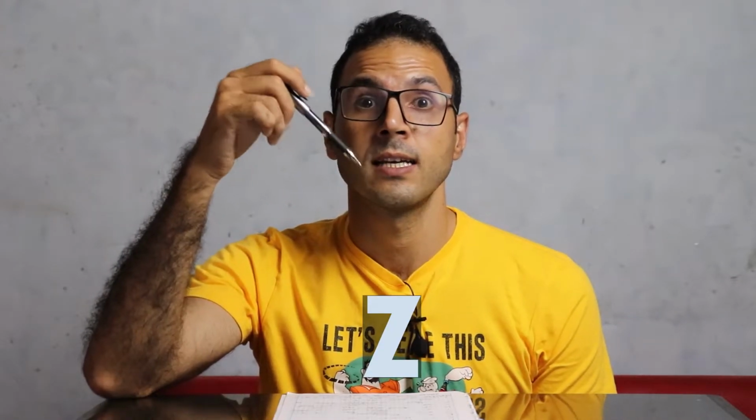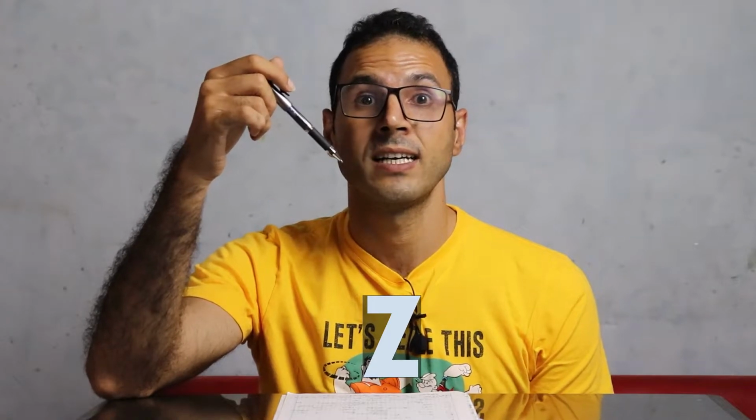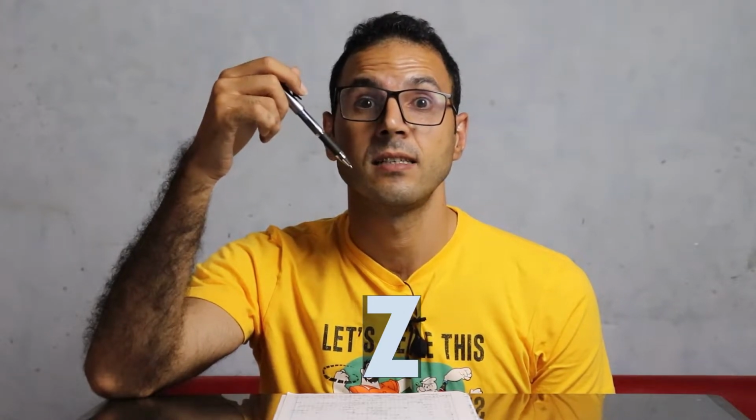U. And this one, not V, it is VU. And the last one is Z. It gives a sound of Z, like the Italian word zero.